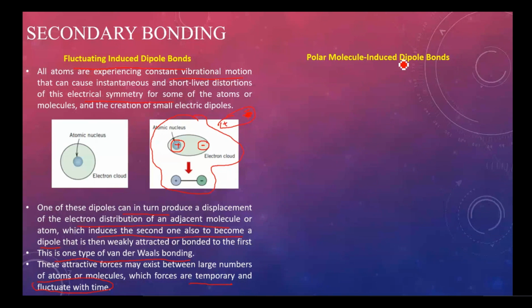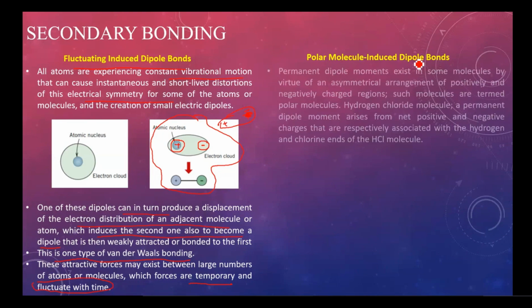Polar molecule induced dipole bonds are permanent dipole moments that exist in some molecules by virtue of an asymmetrical arrangement of positively and negatively charged regions. Such molecules are termed polar molecules. You must have heard about them.